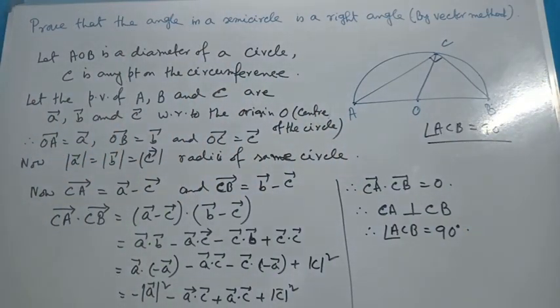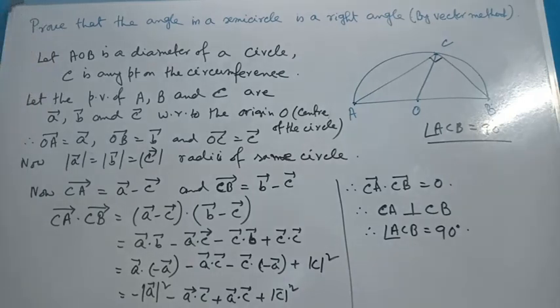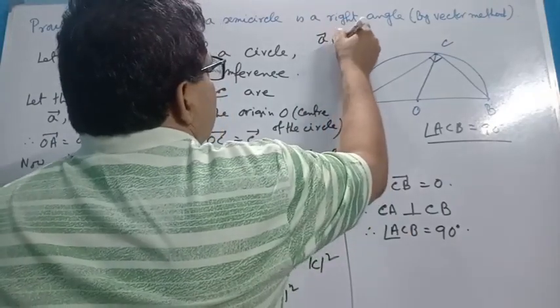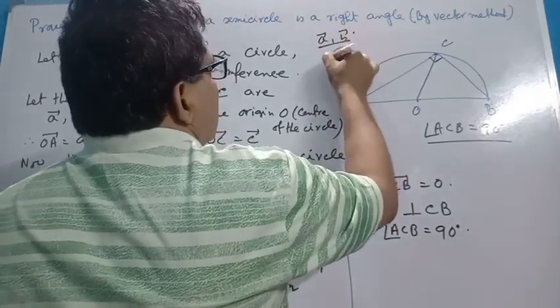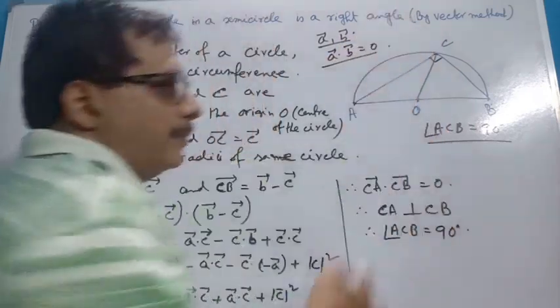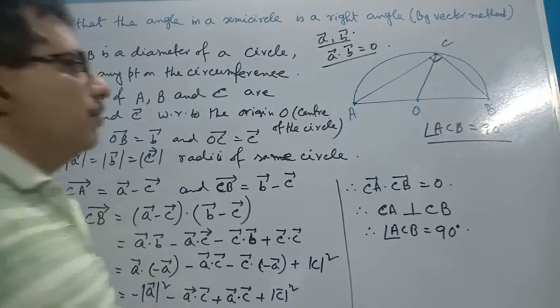If two vectors are perpendicular to each other, then their dot product is how much? Take any two vectors, A vector and B vector, perpendicular to each other. Then A dot B is equal to 0.